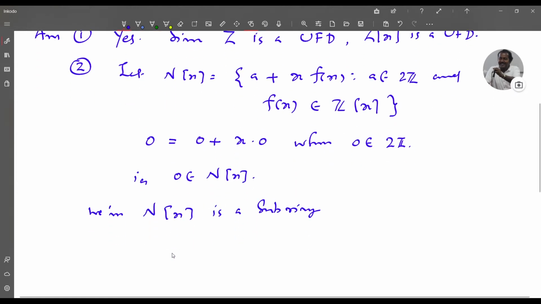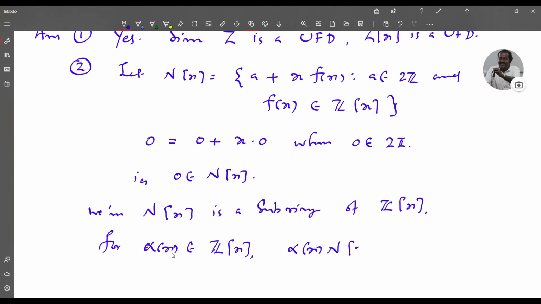We have N(x) is a subring of Z[x]. You can see that the ring axioms are satisfied, and for alpha(x) belonging to Z[x], alpha(x) times N(x) is contained in N(x).